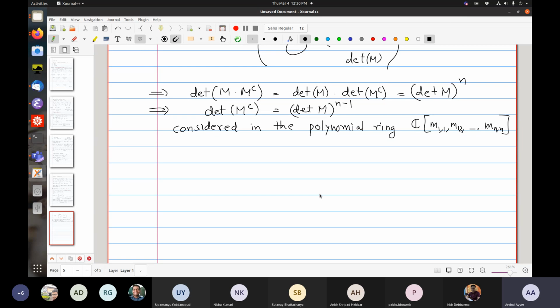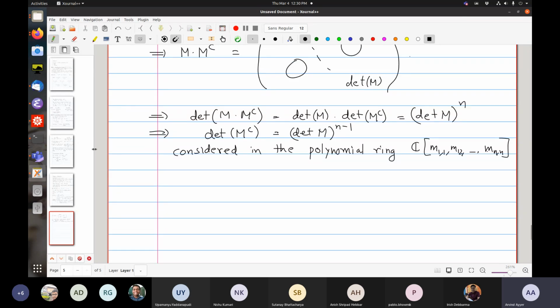Now, to prove the Desnanot-Jacobi identity, we have all the ingredients. All this you kind of knew already, but it's good to recap.